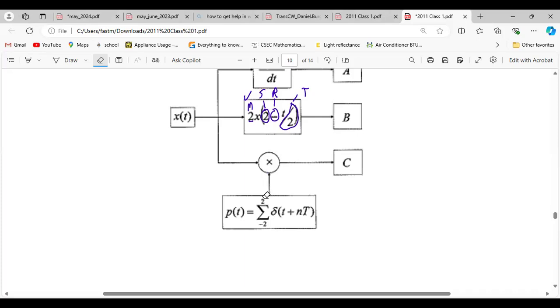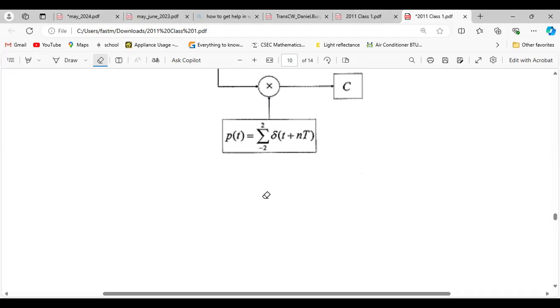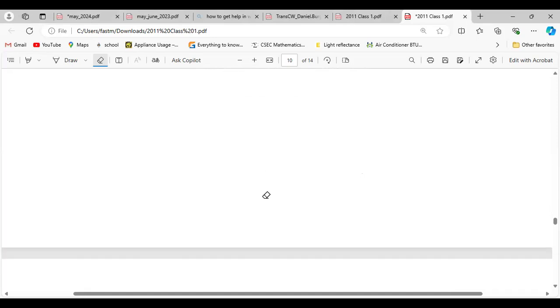You just fetch the value of the graph at that point. You redraw the x-axis and the y-axis, draw the heights of the impulses, and put the value on top. That is what sampling does: just fetching the value at a particular point.